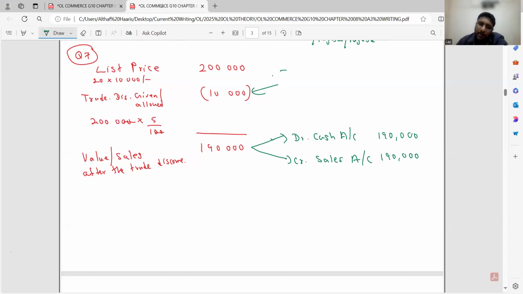Again, trade discounts are not considered in the double entry system. Always we should take the value after trade discount.